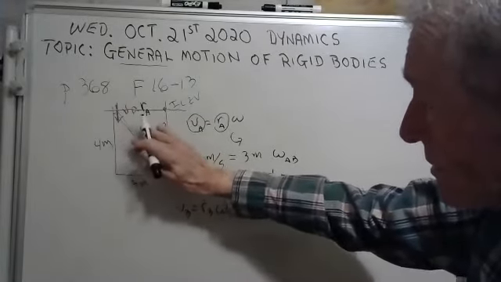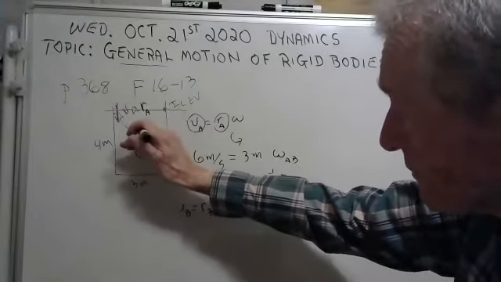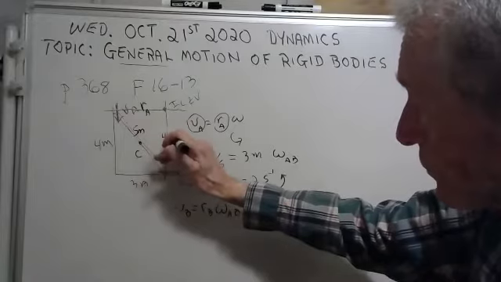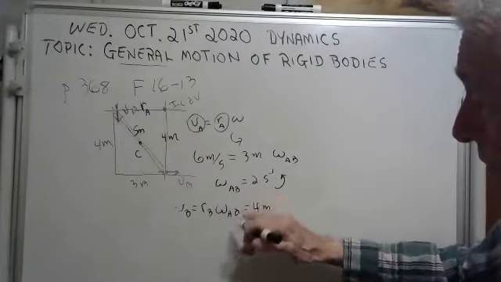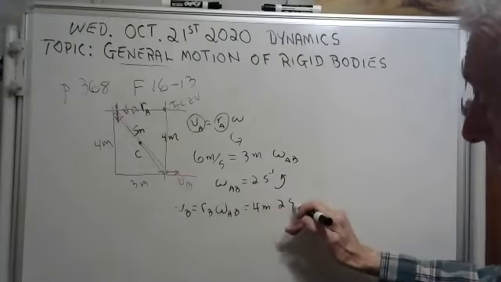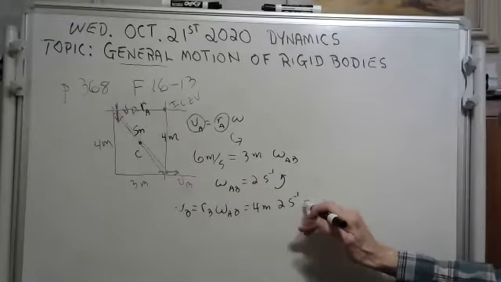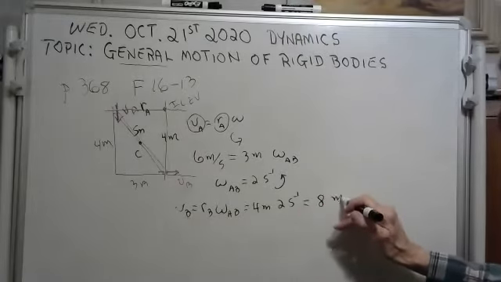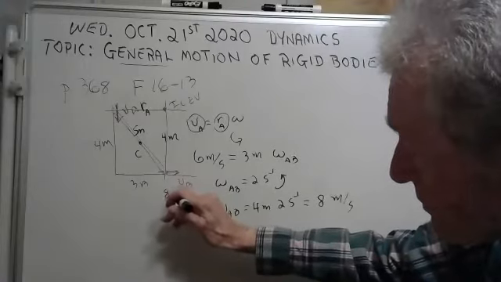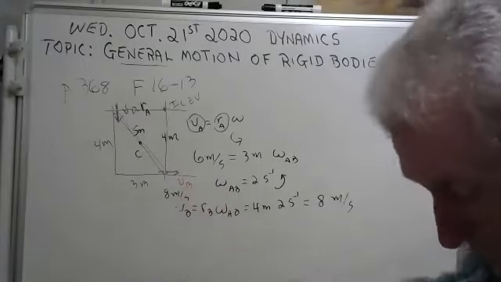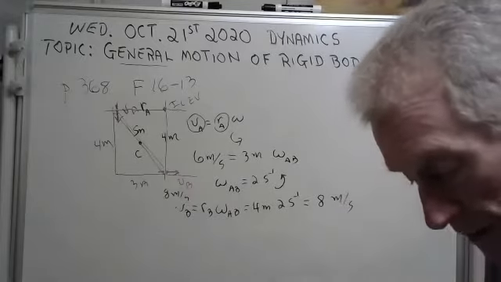See, this thing here is 5 meters, but this distance is 4 meters. So you go 4 meters times, and we know what that is. It's 2 radians per second. So I can get the velocity of B. It's 8 meters a second. This velocity of B is 8 meters a second. Now they wanted something about the velocity of C.